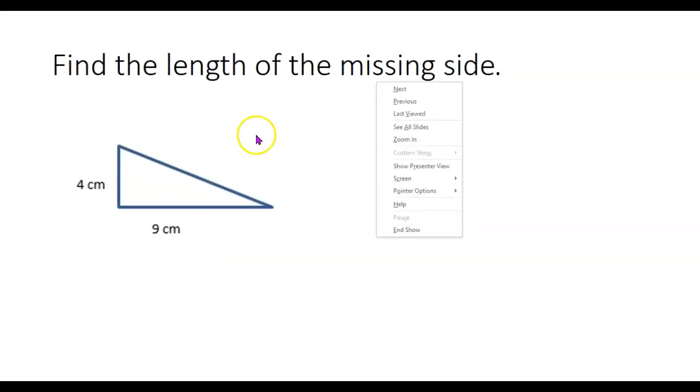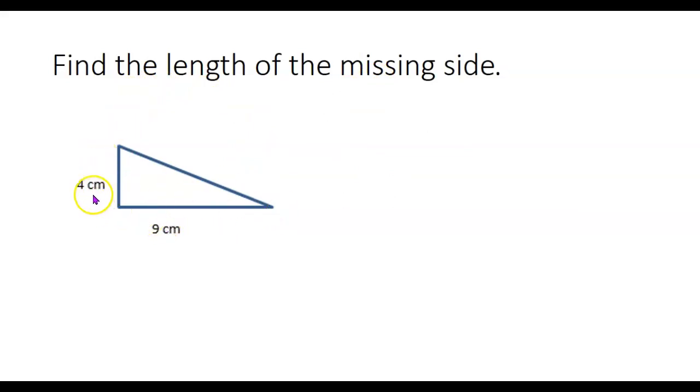Okay, find the length of the missing side. Here we have a right triangle, and it's got two of the sides labeled as being 4 centimeters and 9 centimeters long. Here's the right angle, and the side that we don't know that we're trying to find is the side across from that right angle. It's the hypotenuse.